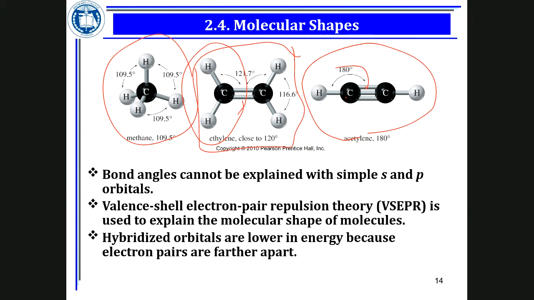The valence shell electron pair repulsion theory is valid. It does explain the shape of the molecule. But hybridization for carbon is much easier. I mean, we can save some time. Don't worry about VSEPR at this point, but it can explain the shape of the molecule, because VSEPR stands for valence shell electron repulsion.